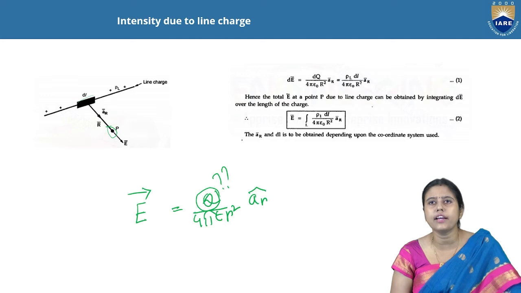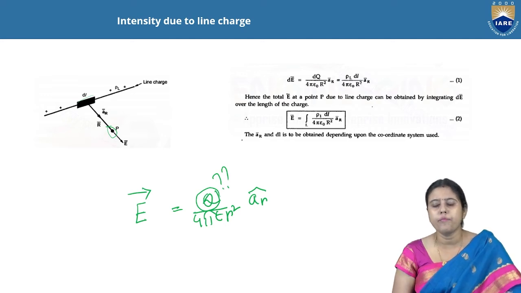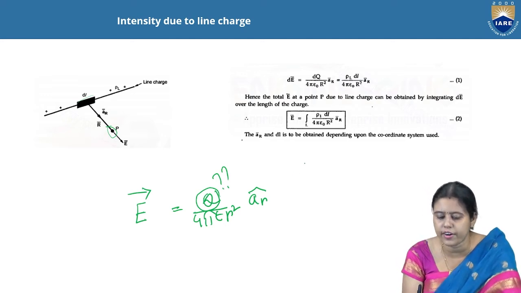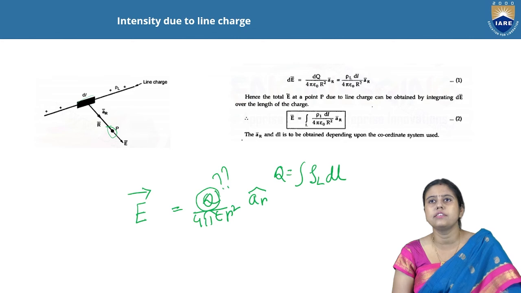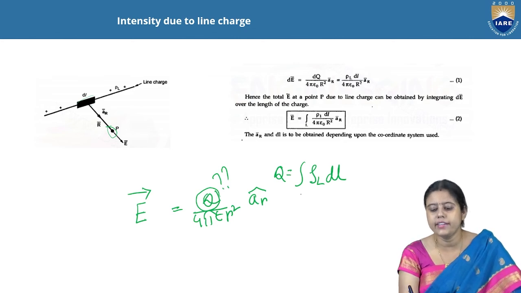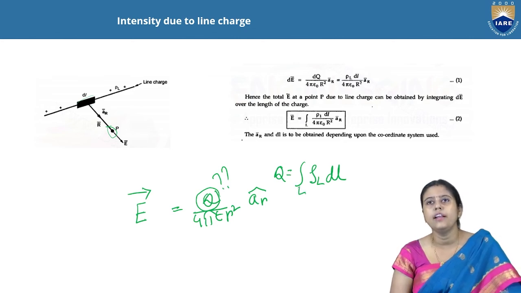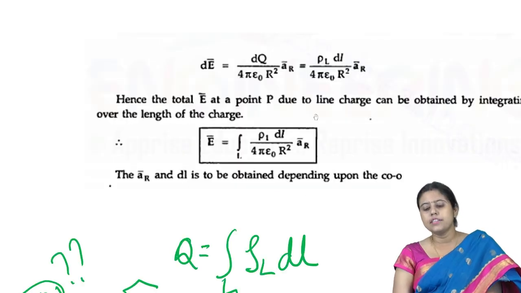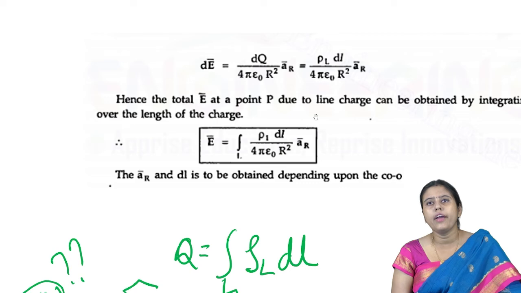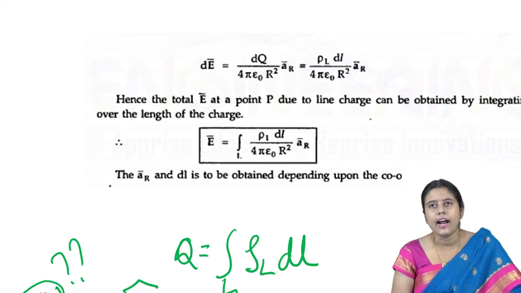How to calculate the Q? The formula for calculating the Q for the line charge is Q is equal to the line integration of rho L dl. What is the meaning of rho L? Rho L is the line charge density.